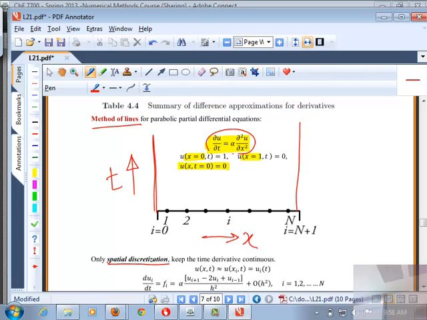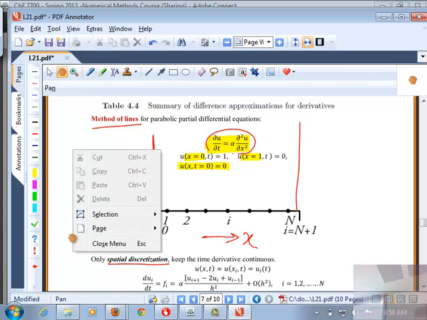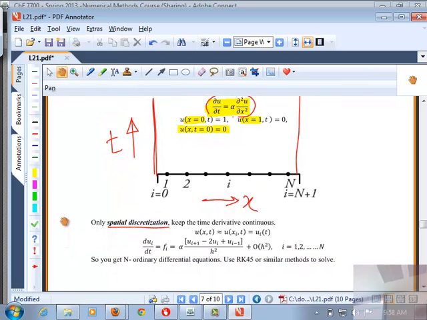So instead of u as a continuous function of x and t, I'm going to indicate with a subscript i: u_i, so u1, u2, u3, etc. Those are the discrete locations in space, but it is treated as a continuous function in time. That's the method of lines. And what does it do? It simply draws lines in the time domain, and for each line I get one ordinary differential equation. They're all coupled, and I just integrate in time using ODE45, RK45, whatever it is.